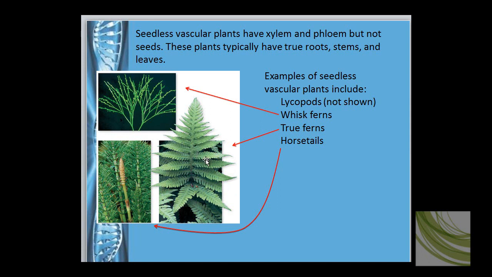And the true ferns like this is the sporophyte generation. Its gametophyte generation is microscopic. So the male-female plants of this species you can't see with the naked eye. The sporophyte, like this one, is the macro.